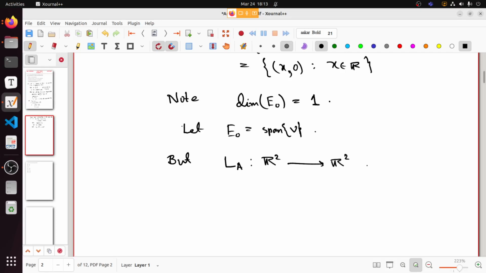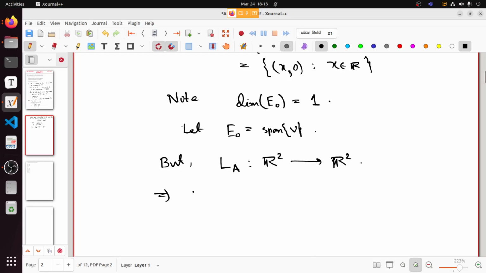So L of A does not have an eigenbasis. And we get only one eigenvector, right?